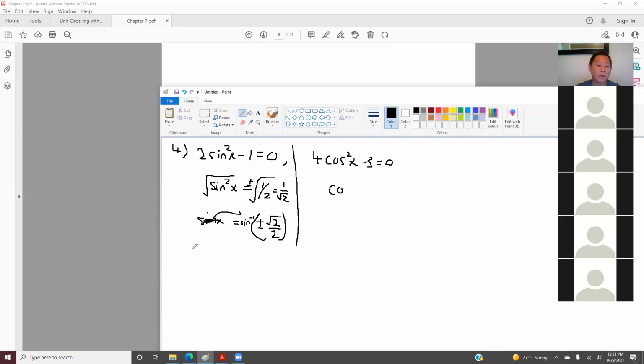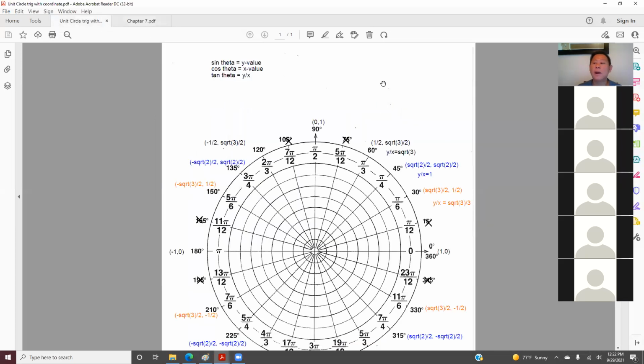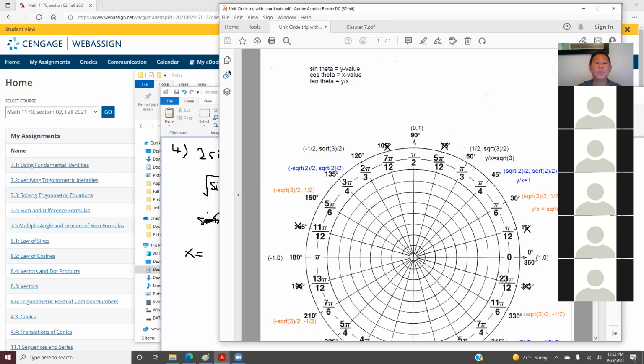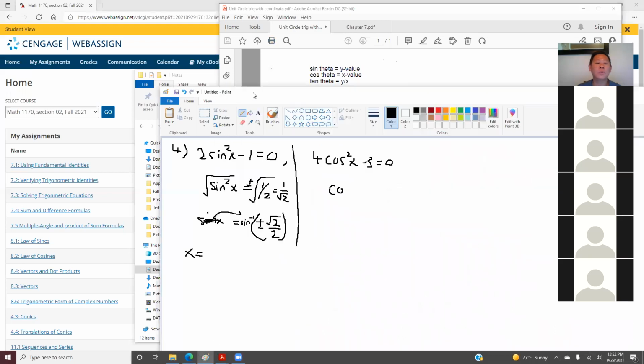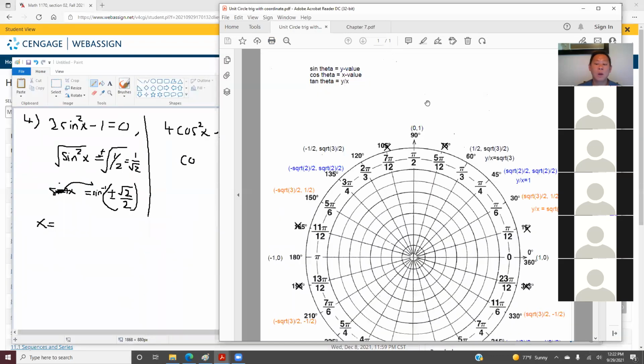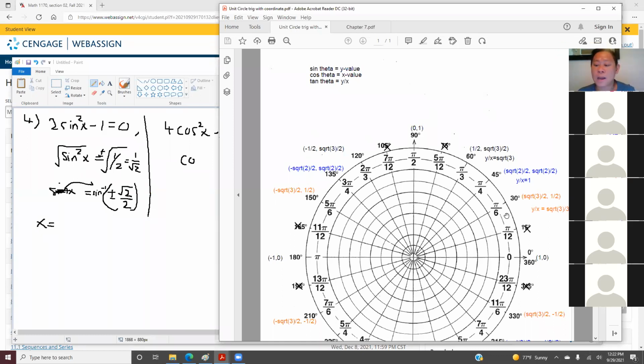So again, you need to figure out what this is. And don't forget, you got plus and minuses, so you have 4 quadrants. Looking at the unit circle that you have here, can you tell me which one of these gives us root 2 over 2 for sine? Pi 6, pi 4, or pi 3?